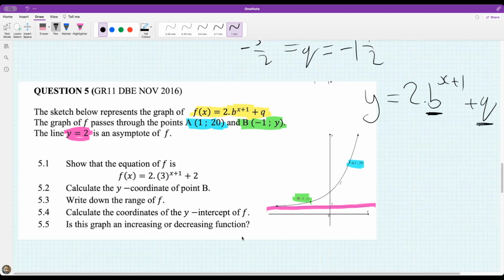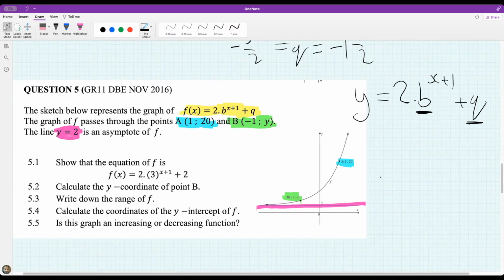What would your first step be in doing this? What would you use, or where would you start in trying to figure out what B and Q are? Yeah, the Q is the easiest one. It has to be 2. So you're just going to go straight to that.